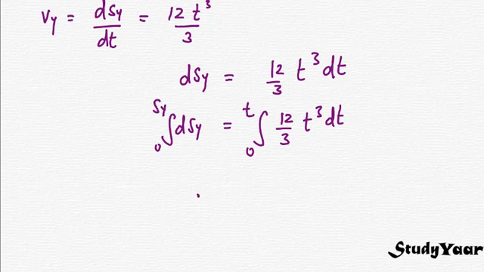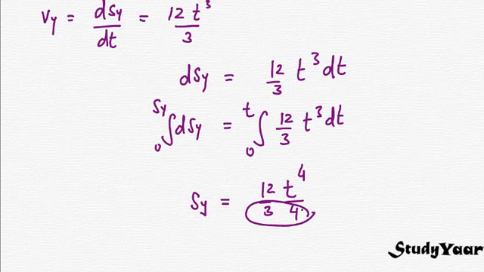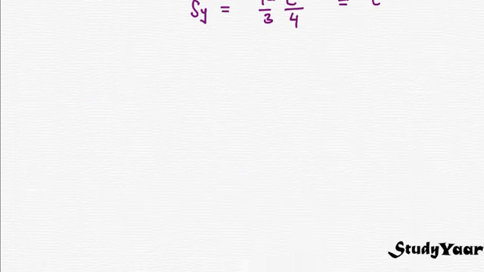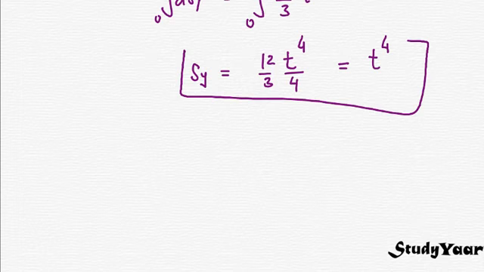Therefore what I would get is sy is equal to 12 by 3 t4 by 4. This is 12, this is 12, so basically I get t raised to the power 4. You have sx equal to t square, you have sy equal to t4.